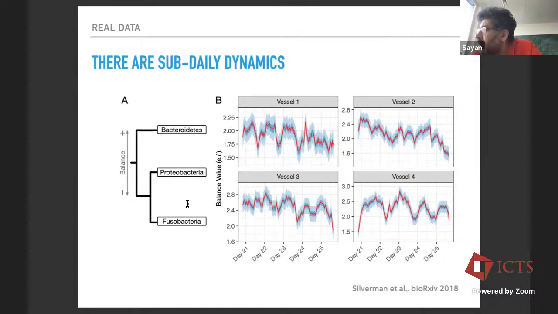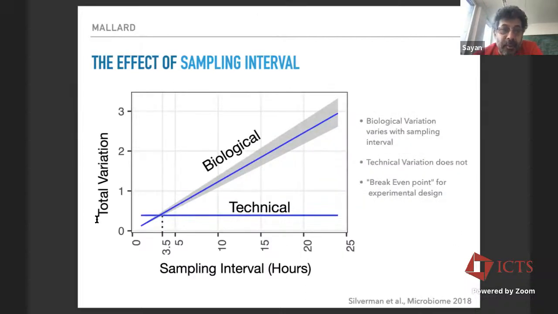And the point here is because we every once in a while collected data across a bunch of these, for lack of a better term, glass objects, we can actually give you an idea of what the subdaily dynamics is. And we can tell you at what point does the biological variation exceed the technical variation.